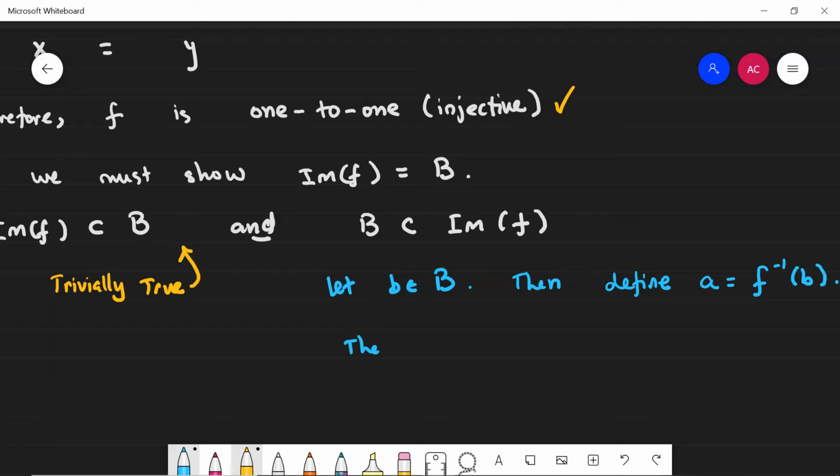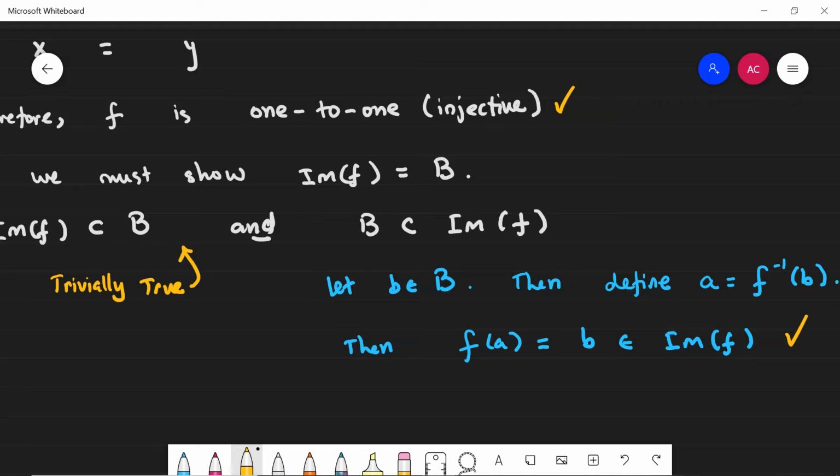Then look what happens if you apply F to a. Then F of a is equal to b. Right? So therefore B is contained in the image of F because I've written it as F of something coming from capital A. So that actually proves this containment also.